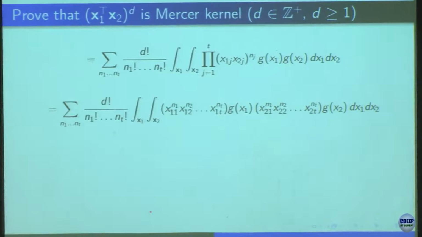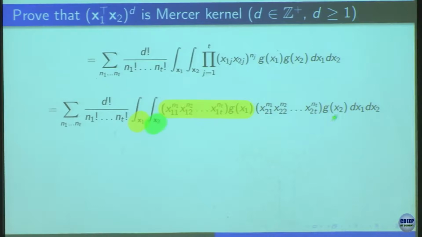I will get a summation outside, integrals inside, a product inside, and I realize that the integral over the x1 component and the integral over the x2 component are separable and they turn out to be exactly the same. Is that clear?